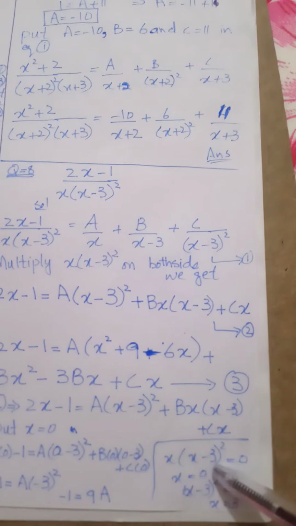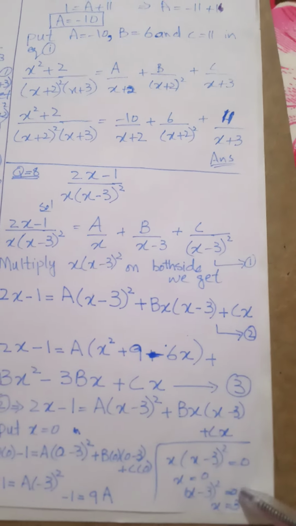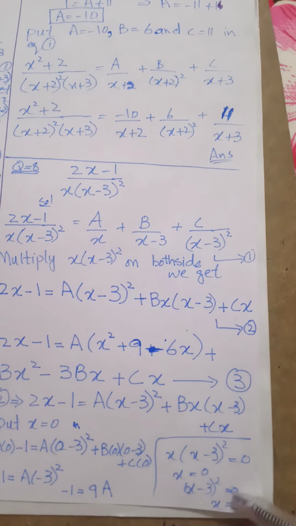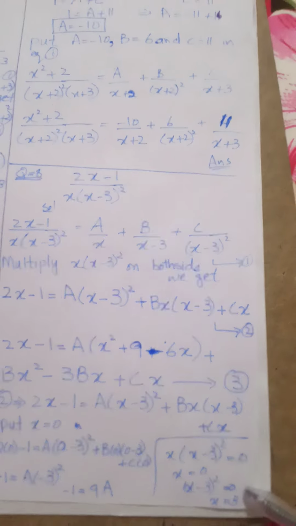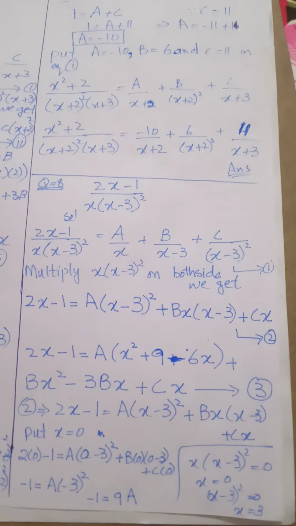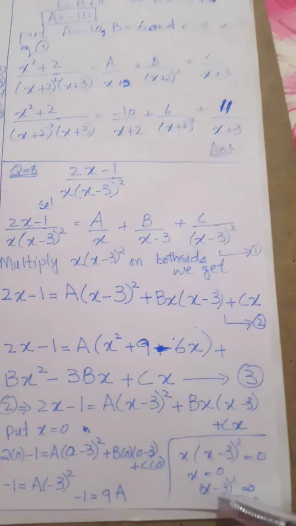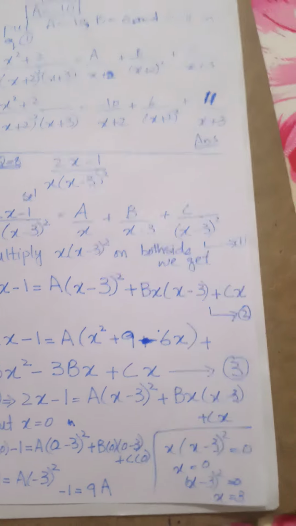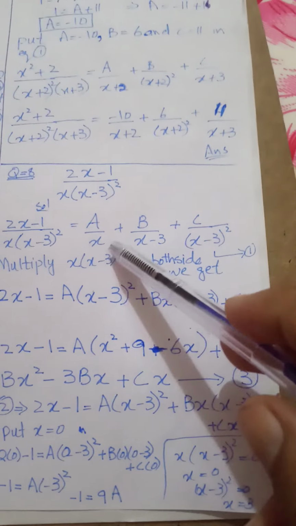It means that x is equal to 0, and x minus 3 whole square is equal to 0, it means that x minus 3 is equal to 0. When minus 3 shifts to the other side, it will be positive, so x is equal to 3. Now these are two critical points and the unknowns are 3.